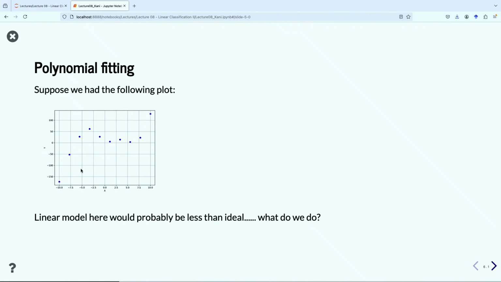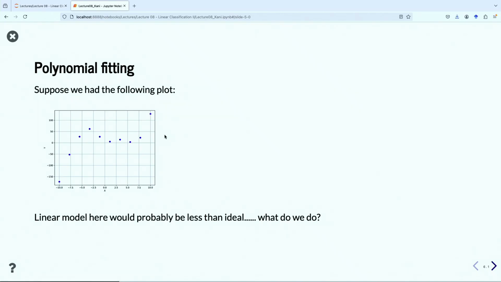Now, looking at this data, a linear model might not be the best here, right? This doesn't look very linear. We could probably fit a line that goes something like this, or something like this. Oh, maybe that would be a better fit. But it won't be ideal. Why?